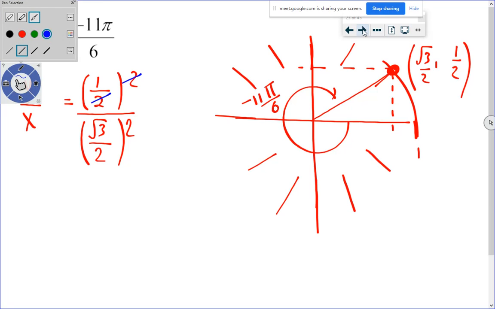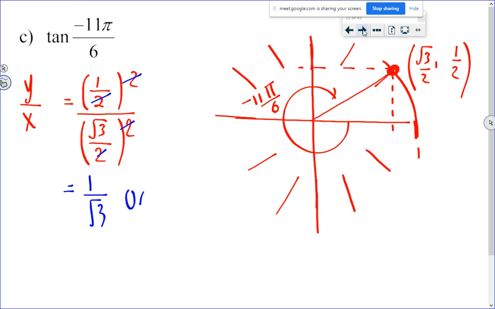The 2's cancel on the top, the 2's cancel on the bottom, and you get 1 over root 3. It probably will not come as a big shock to you that that's root 3 over 3. If 1 over root 2 is the same as root 2 over 2, 1 over root 3 is the same as root 3 over 3.